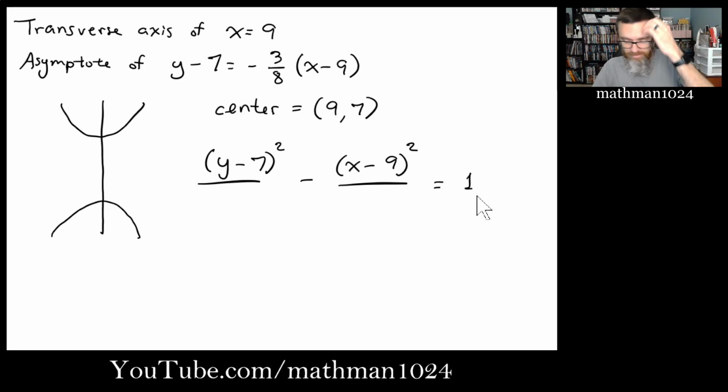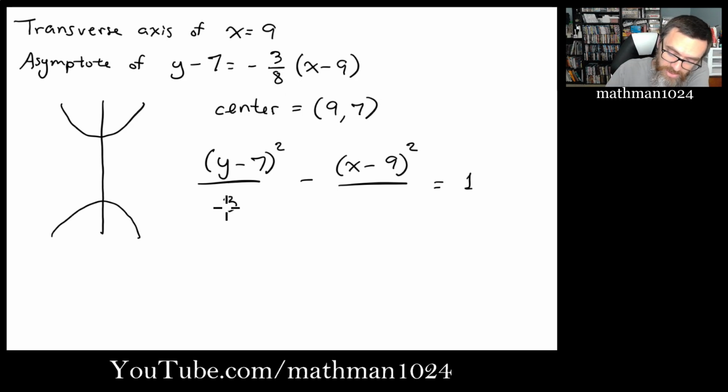Now, there are really a ton of answers that we can have for this. We could make the assumption and just say this is b and this is a.